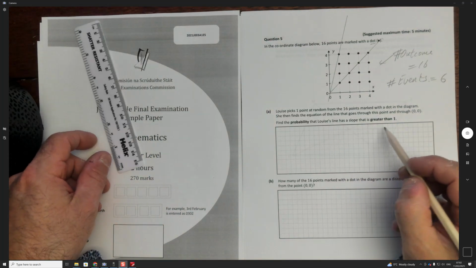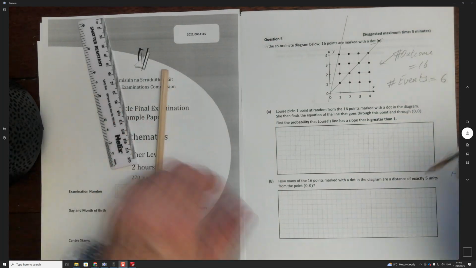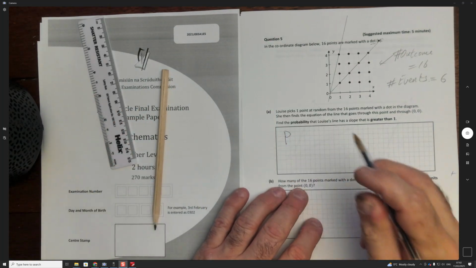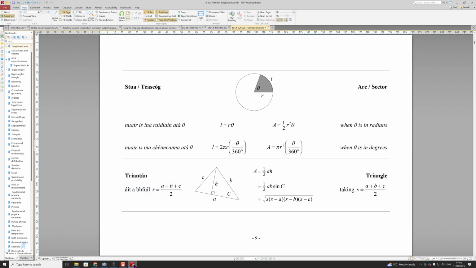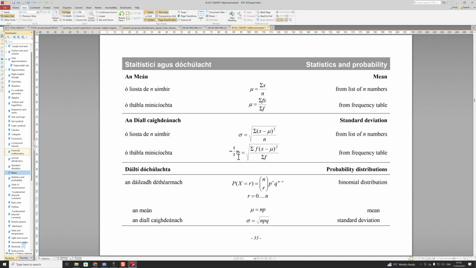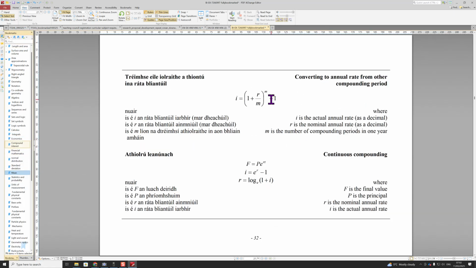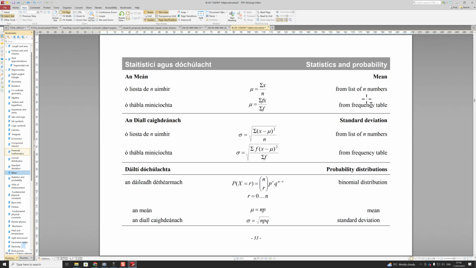Find the probability Louise's line has a slope greater than 1. So the probability, this is not in the log tables. We can go looking for it. There is a place for probability, and let's just make sure I'm not wrong here. So geometry, indices, sets, standard deviation, mean. Statistics and probability starts on page 33.